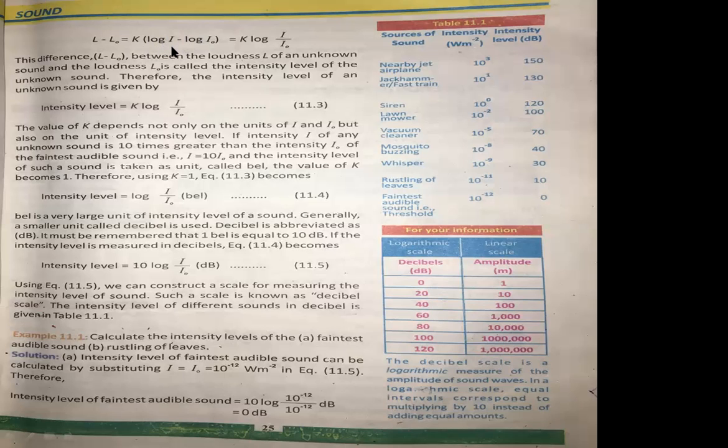Whenever you find a subtraction sign in logarithm, you change it into division, because this is the property of the logarithm. So k stays as it is, log I over I naught.